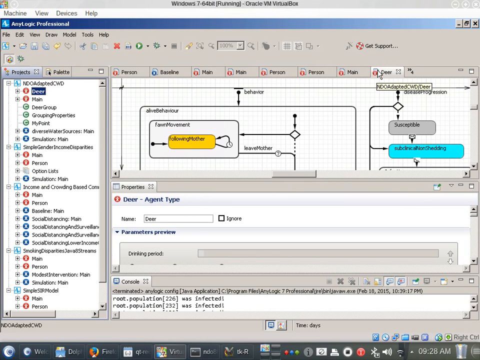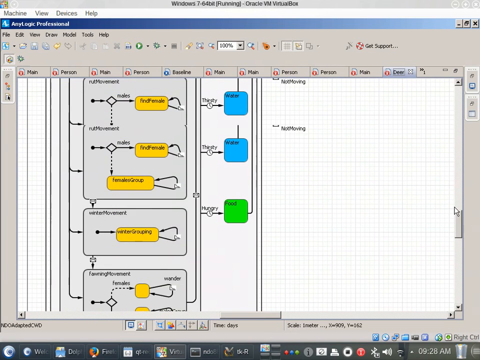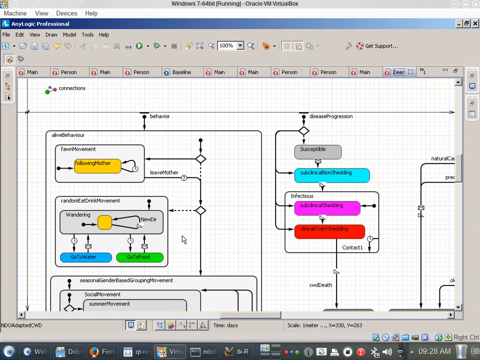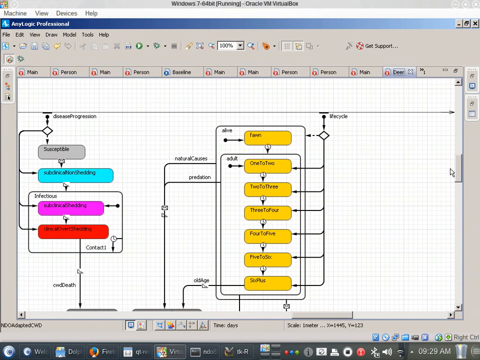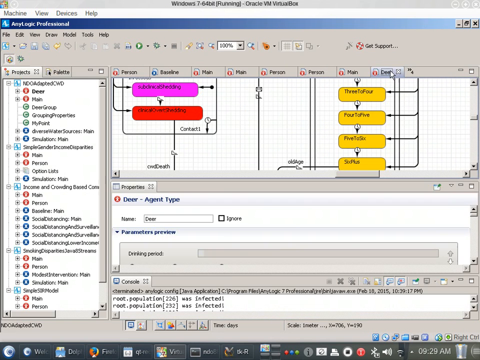You saw a glimpse of it at one point, and you can see that it's fairly articulated with hierarchical states, a variety of types of processes, and state charts. There's a lot going on here, and it leads to corresponding model behavior that is very, very sophisticated.